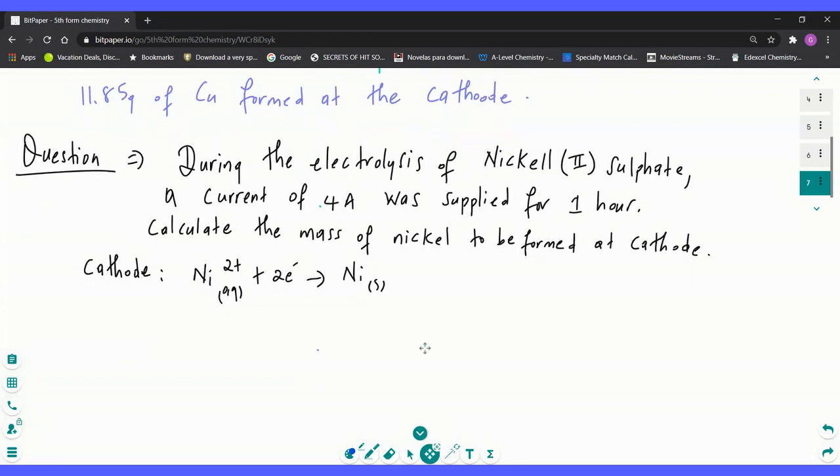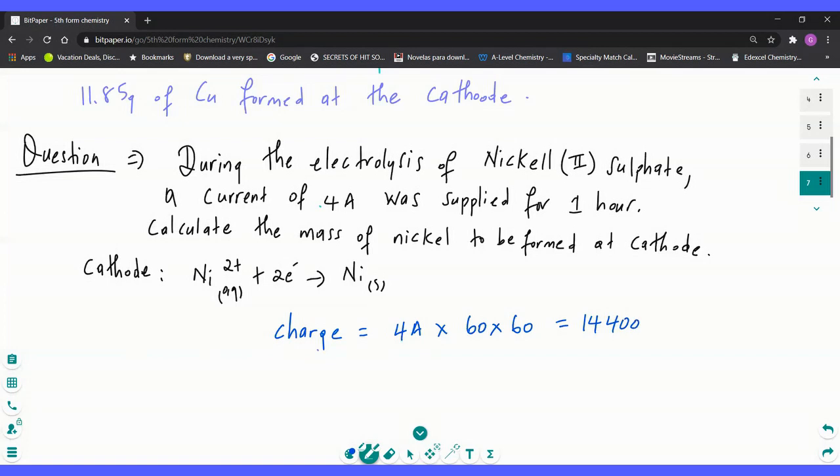All right, so the first thing you would have done, guys, is worked out your charge. The charge would have been that you had 4 amps, you had time of 60 minutes, and you convert that into seconds. What charge did you get? It's 14,400.